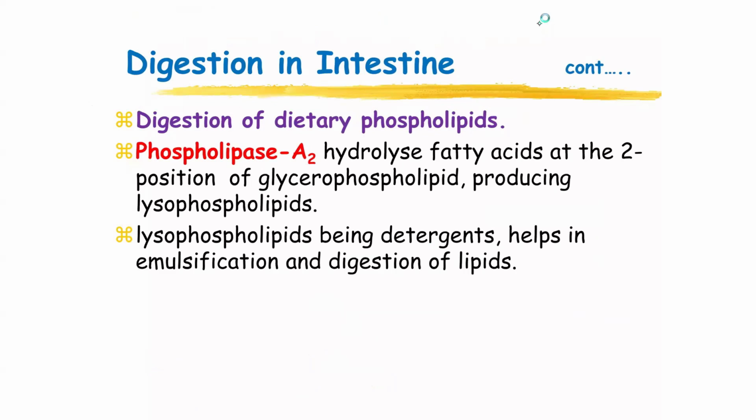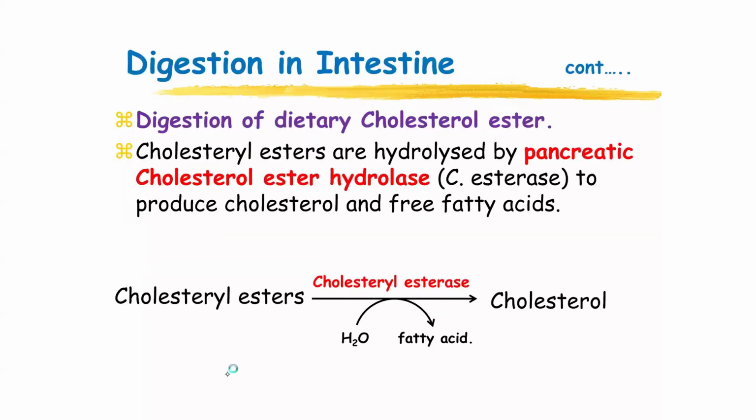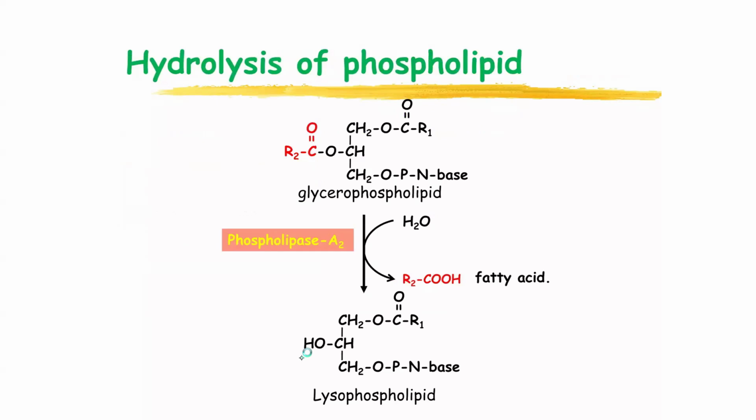So lysophospholipid is also a phospholipid that majorly helps in the digestion of lipid in the small intestine. This enzyme, phospholipase A2, removes the free fatty acid at carbon 2, and then we generate lysophospholipid, which is the detergent used in the emulsification of fats.